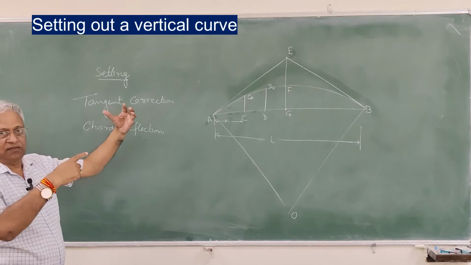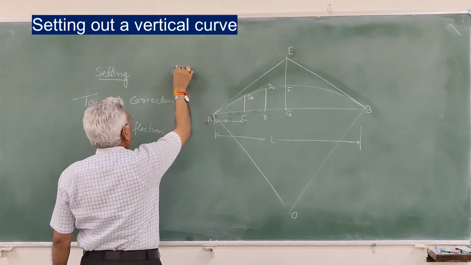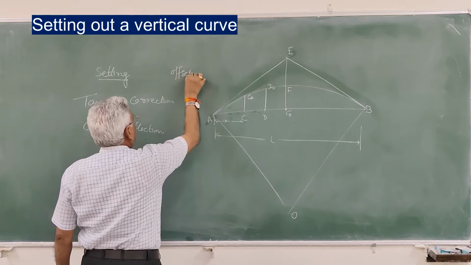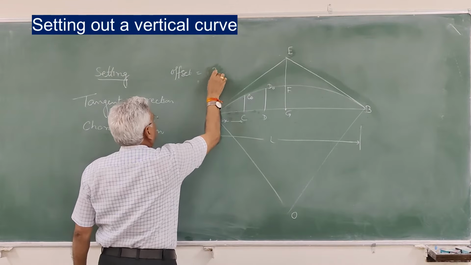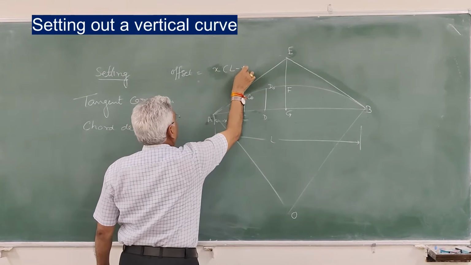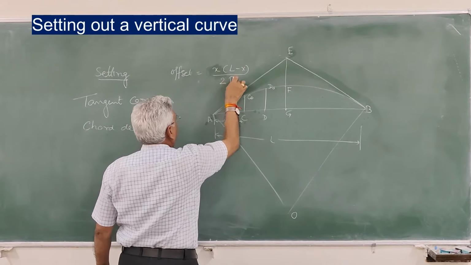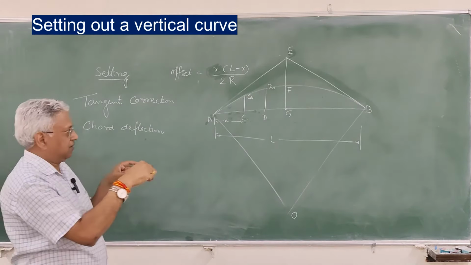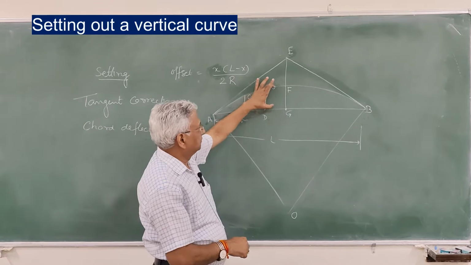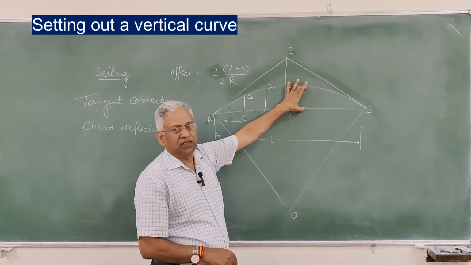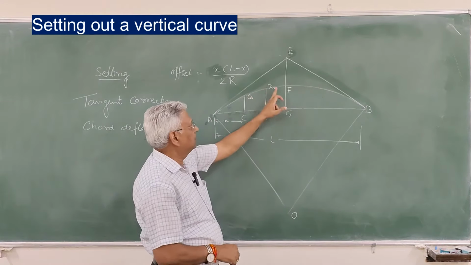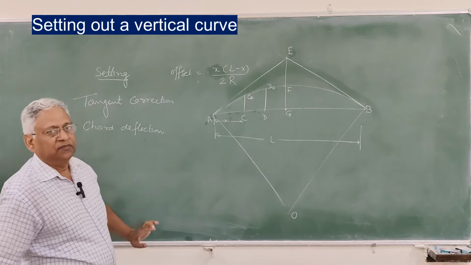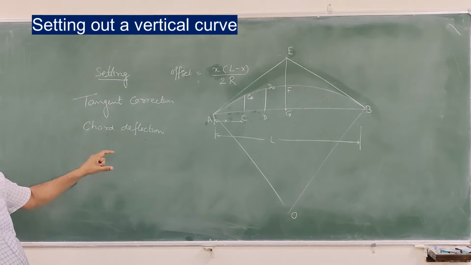Then this offset is calculated using this equation, x into L minus x upon 2r. At any distance x, you can find out what is the offset from the chord, so that you get the point on the vertical curve. That is chord deflection method.